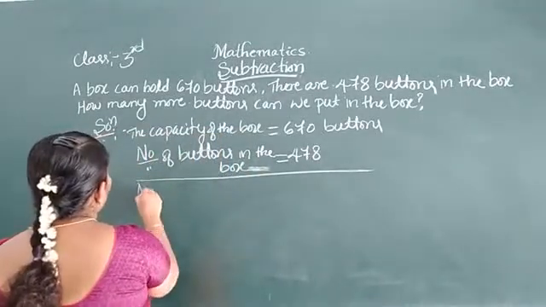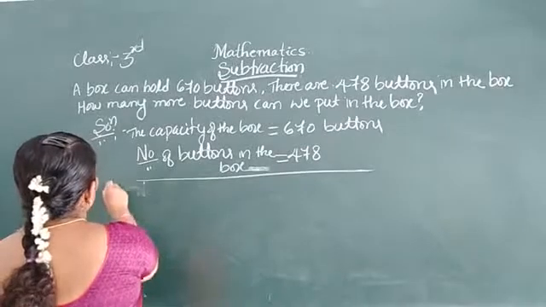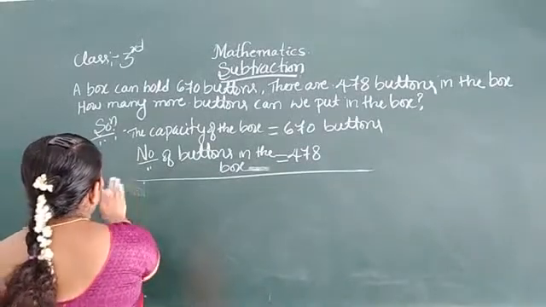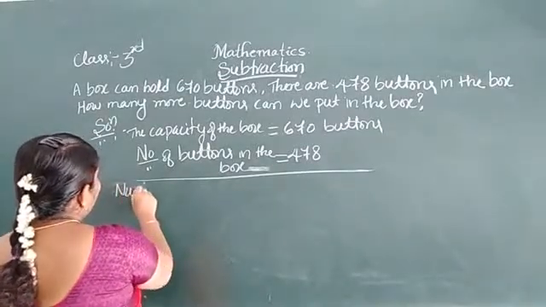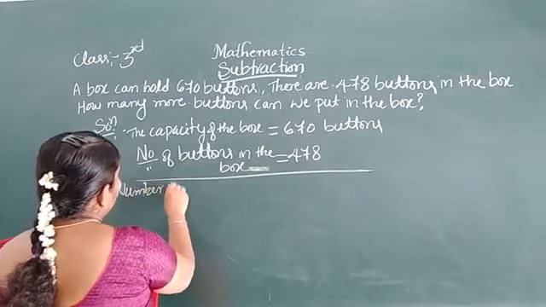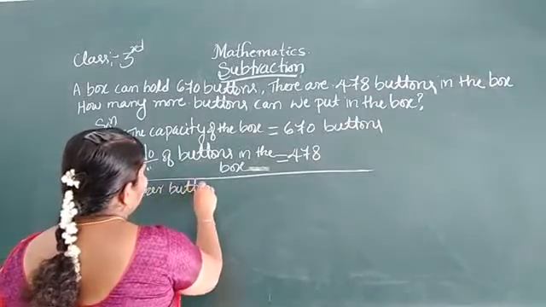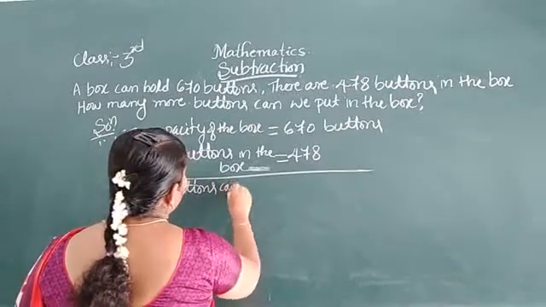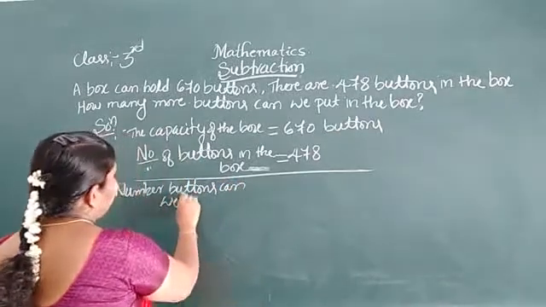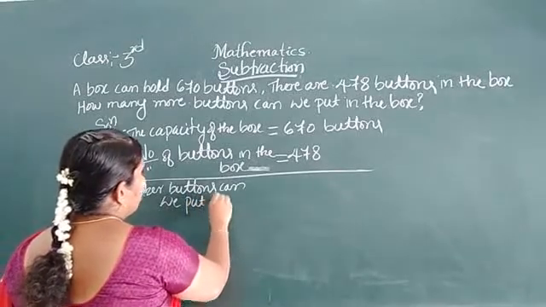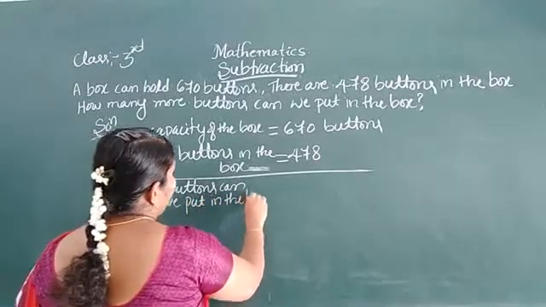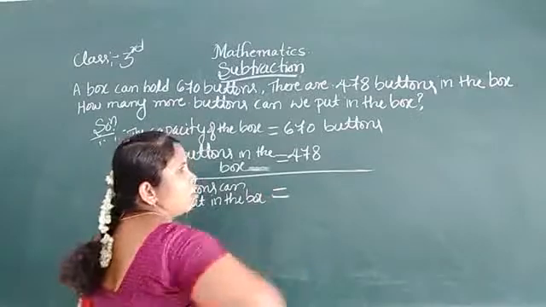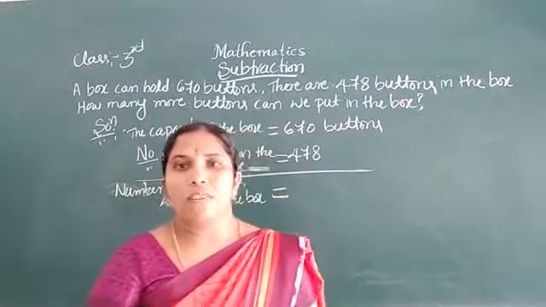So the total number of buttons we can put in the box equals, so now do subtraction for these two.